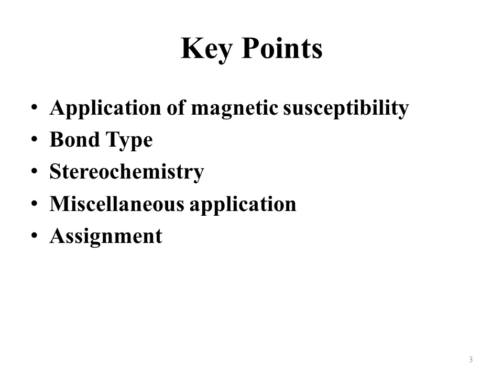The main point is applications of magnetic susceptibility. Magnetic susceptibility is used to determine the type of bond between metal and ligand in a transition metal complex.